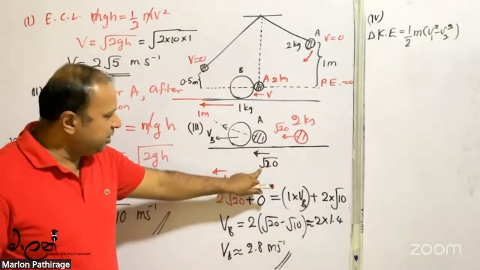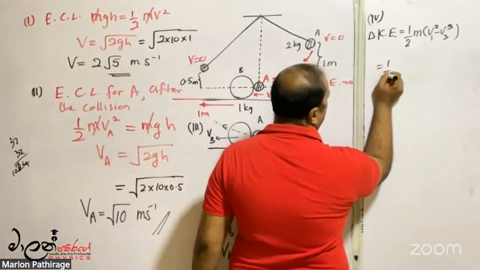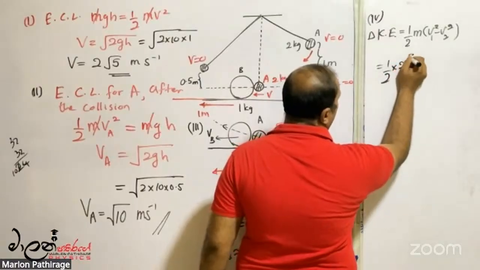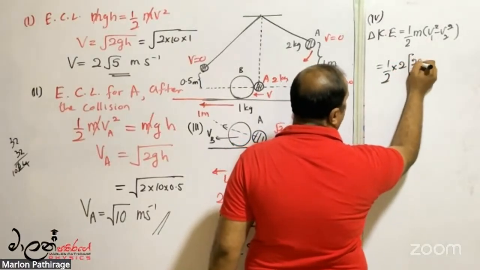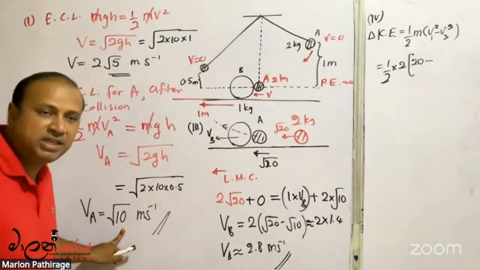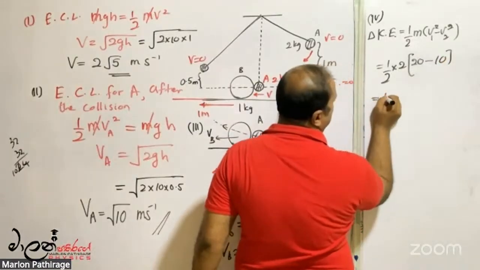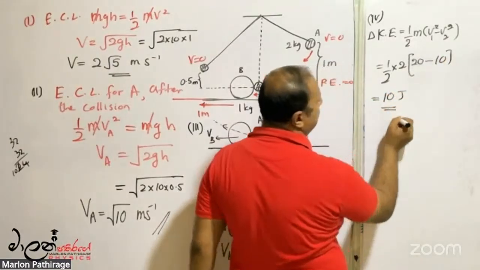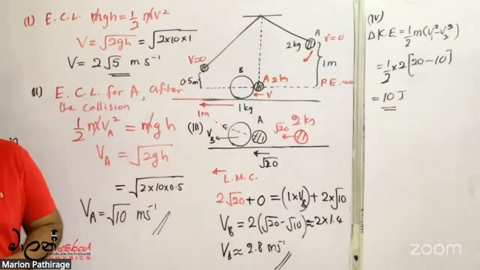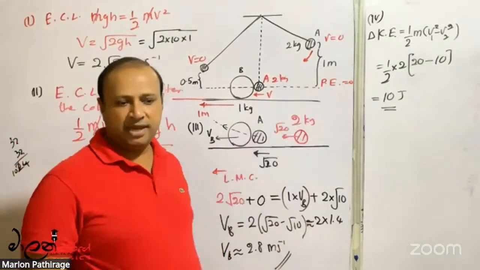The initial speed is √20, therefore half m is 2, √20 squared means 20, minus √10 squared which is 10. Therefore, the answer is 10 joule. Is that clear? If it is clear, please raise your hand.